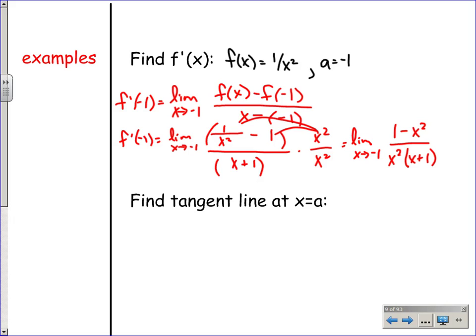Wait, what can we do up top? Factor it. Good. Isn't it a difference of squares? Now what can I do? Did you guys get here? Can't we reduce? What happens when you plug in negative 1? 1 minus a negative 1 is 1 plus 1. That's 2. And 2 over negative 1 squared. Got it.